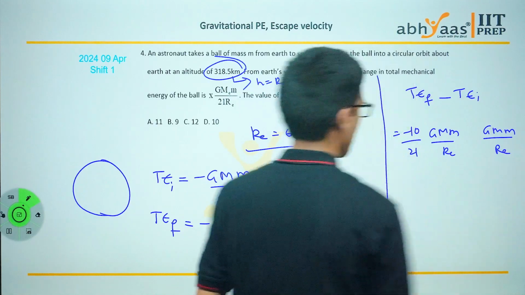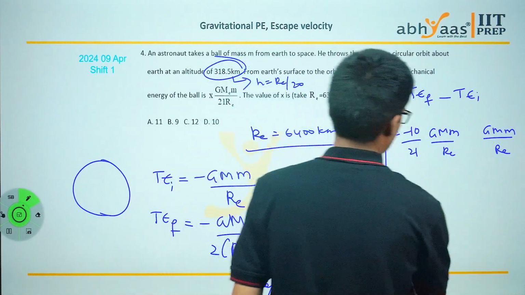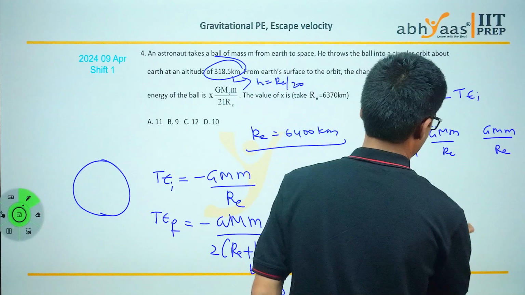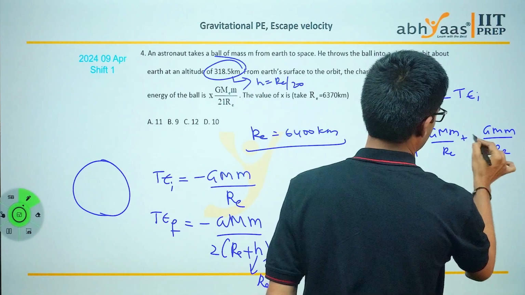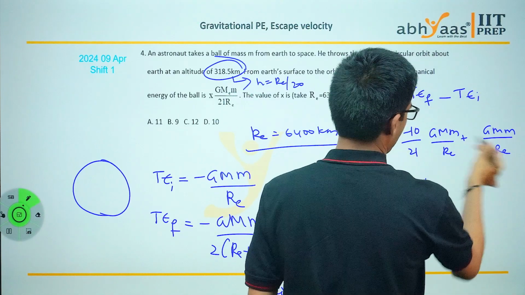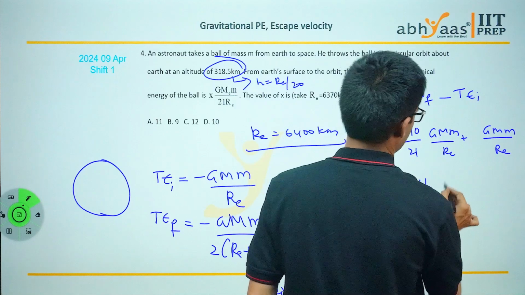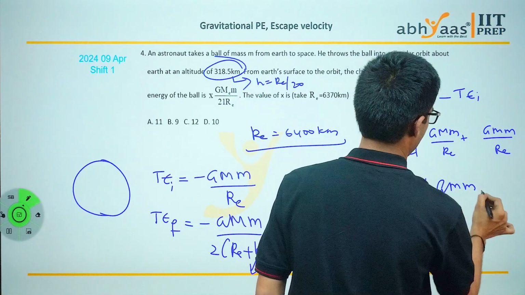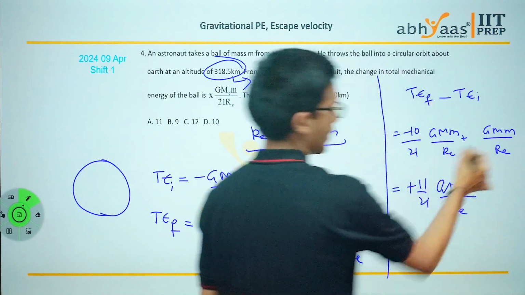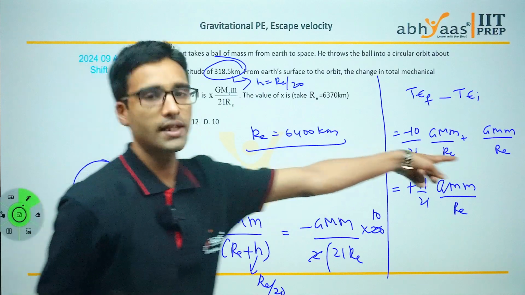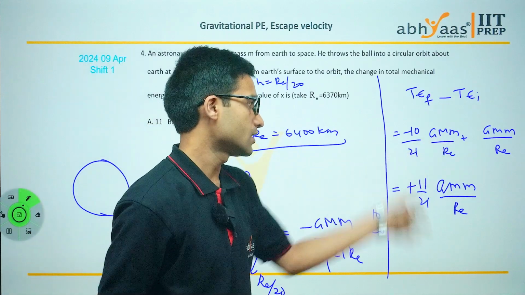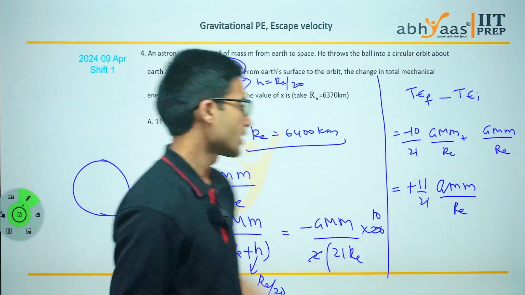Only change, both are negative. So you will get plus, because 21 minus 10 is plus. If you take LCM, minus 10 by 21 plus 1, so 21 minus 10 is 11. So we will get 11 as the answer.